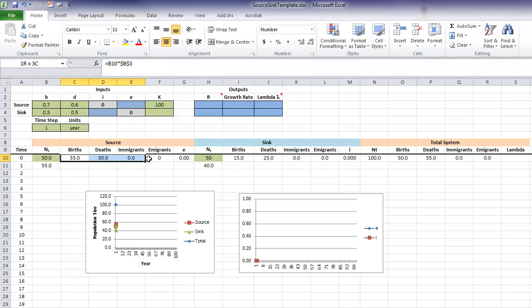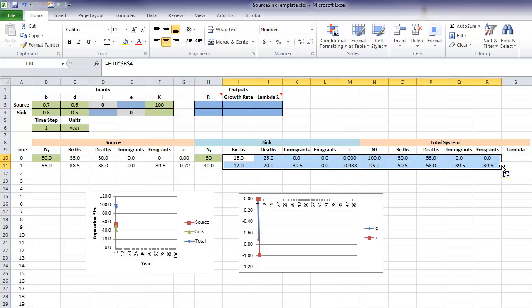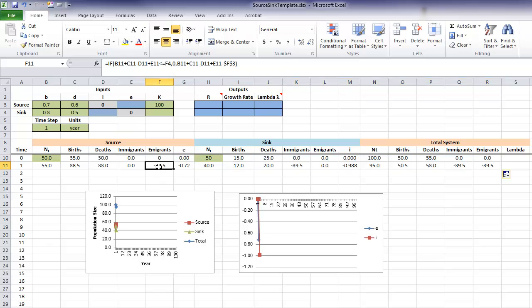And at this point, we can pull everything down. If there's a mistake that's made, it's because we've missed an anchoring someplace. And I think that the anchoring problem is right here where I forgot to anchor the reference to the carrying capacity. So I'm going to move that up and anchor this.